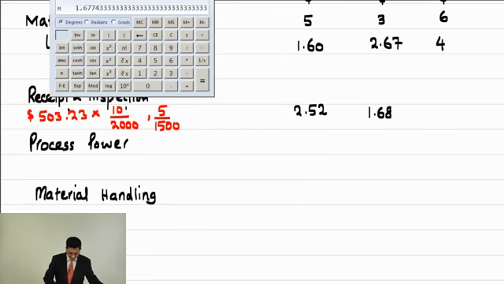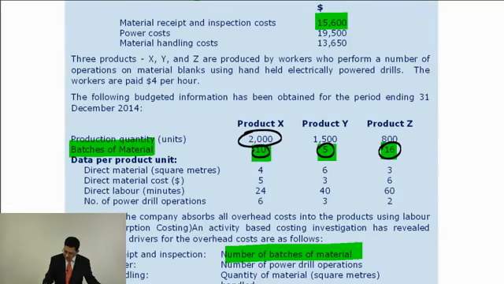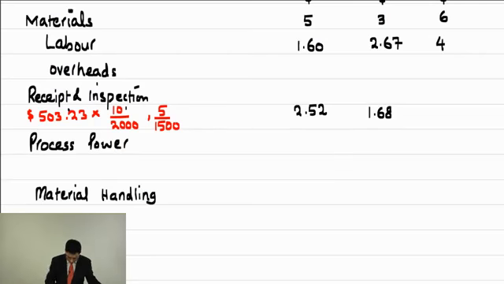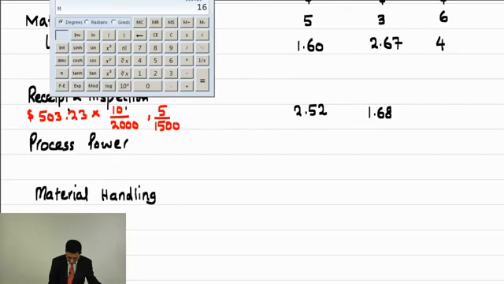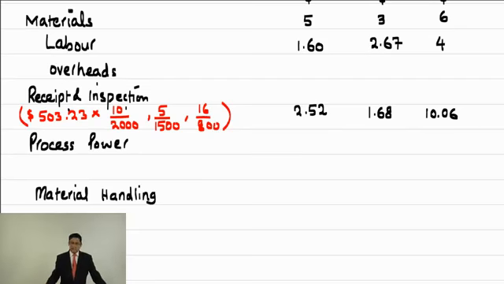And thirdly, 503.23 into the number of batches, which is 16, into 16 divided by 800, which is 10.06. That's the material receipt and inspection overhead in 1X, 1Y, 1Z.